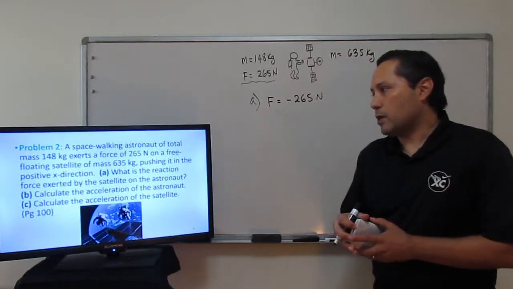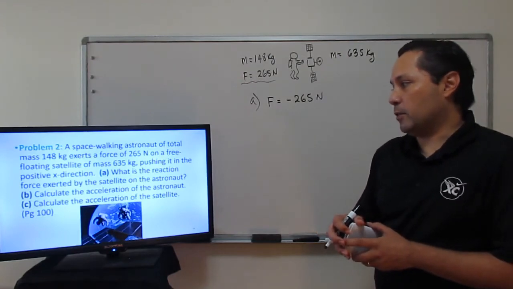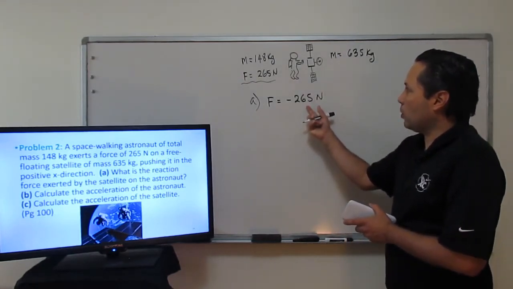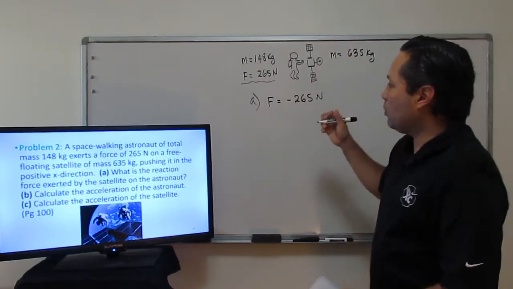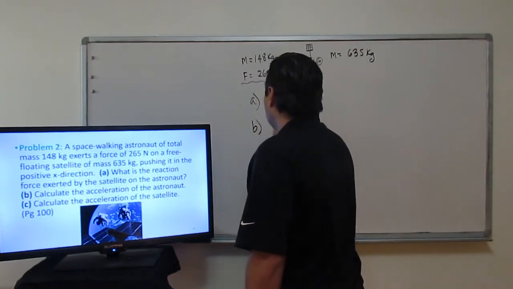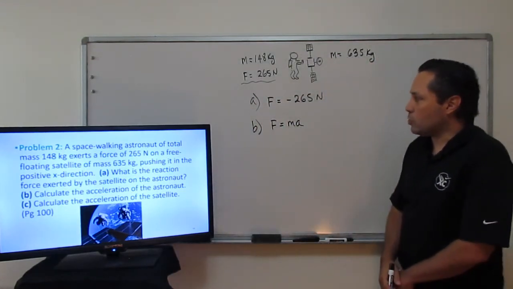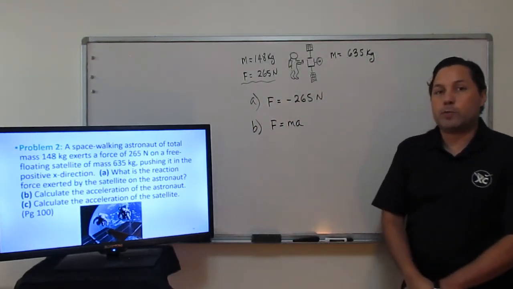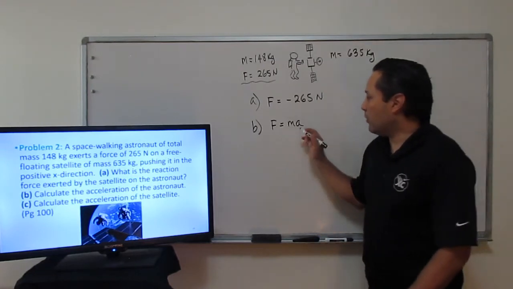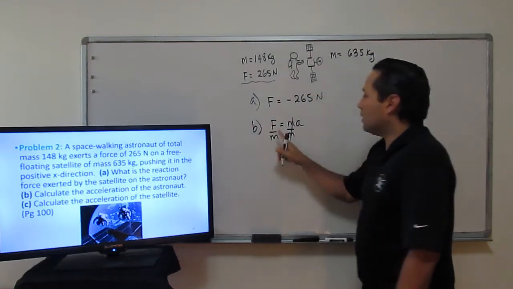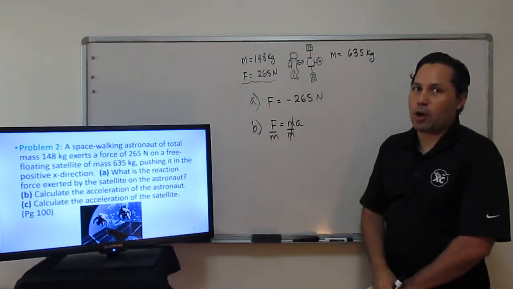Alright, next, part B, calculate the acceleration of the astronaut. So for the astronaut, he's receiving this much force. And what will be his acceleration? Alright, so we're going to use this formula, force equals mass times acceleration. I'm going to divide again by the mass, giving us force over mass is our acceleration.